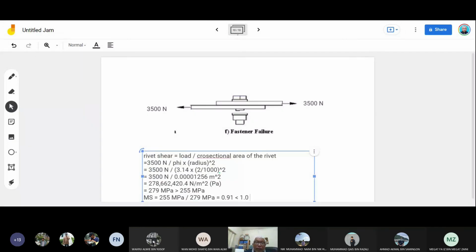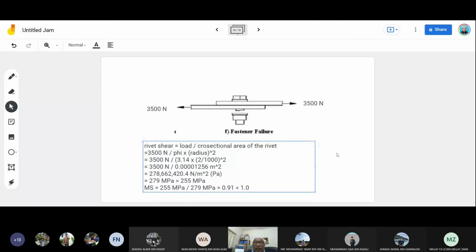So we can say the rivet fails; the rivet will be sheared off.